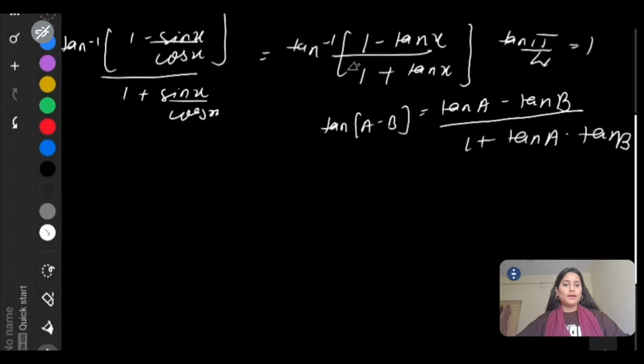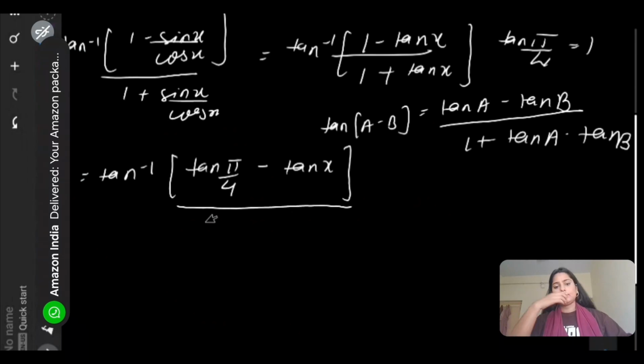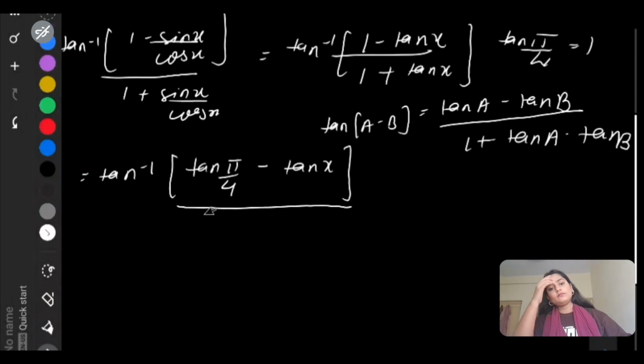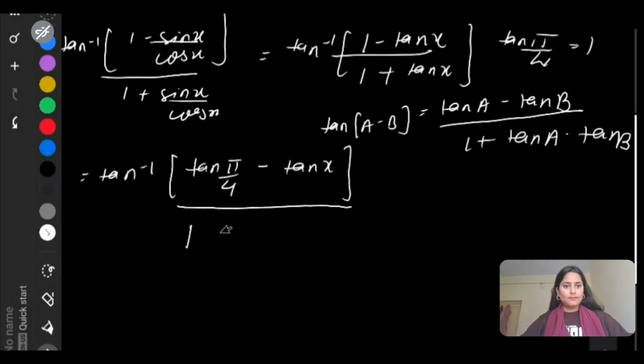Now further we will solve by continuing this equation. So tan inverse, 1 as tan pi by 4 we can write, minus tan x, divided by 1 plus 1, which is tan pi by 4 into tan x.